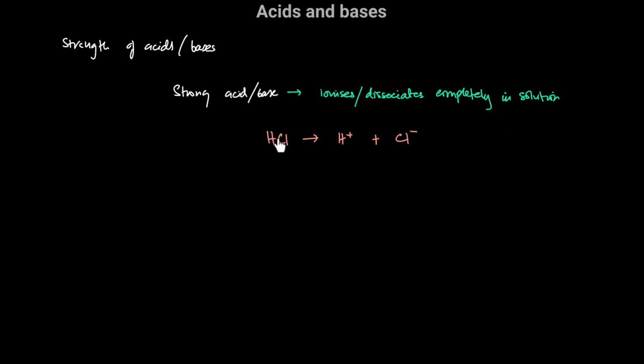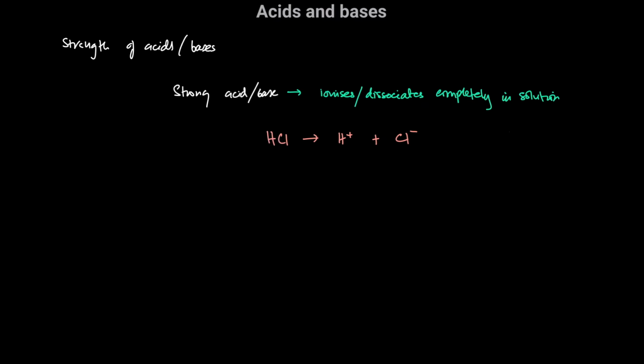If I dissolve a million units of HCl, 999,999 would dissociate, about 99.999% dissociation, a very large percentage. Whatever dissolved ionized completely, and therefore we call that a strong acid.